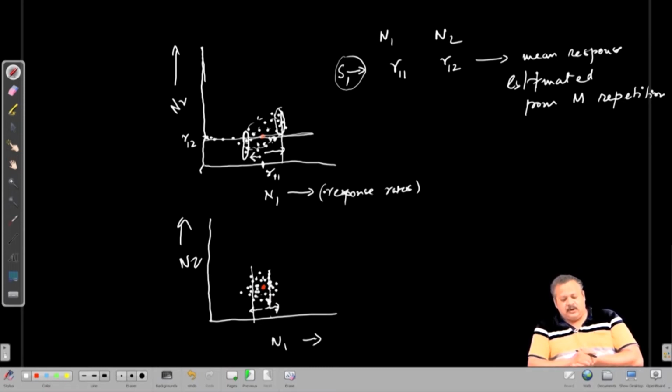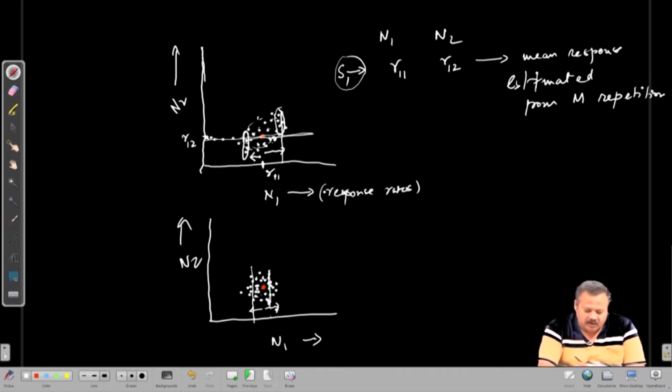That is, the responses from trial to trial between the two neurons are correlated in the sense that the fluctuations around the mean responses of each of the neurons are related to each other in a positive correlation manner.